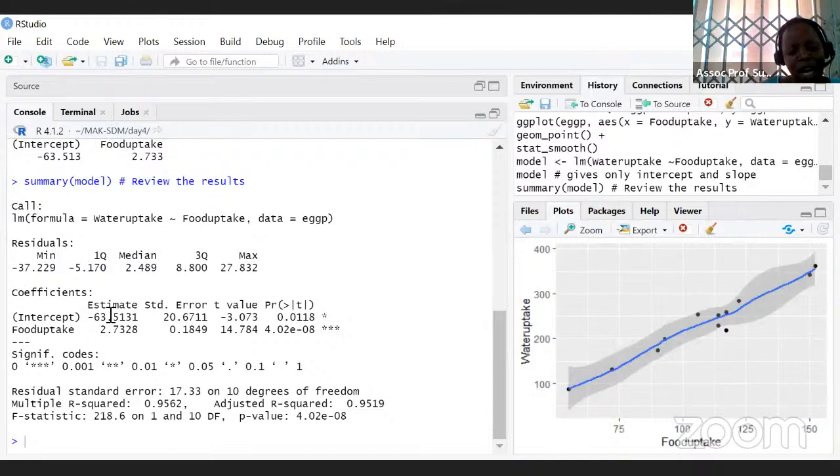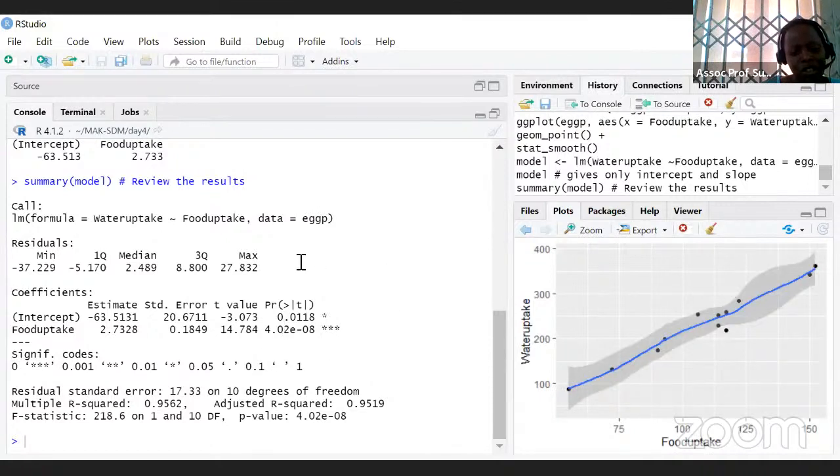The hypothesis we are testing is that the null: water uptake is not linearly related to food uptake. The alternative is that water uptake is linearly related to food uptake. Now, the p-value corresponding to food uptake is 4.02 times 10 to the power minus 8, which is smaller than 0.05.